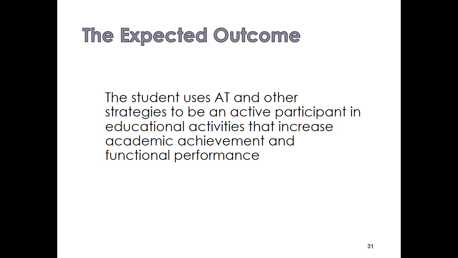We have so many individuals say, well, this kid's doing okay in class, he's getting a C, he struggles because of his disability, but he's passing, he's doing okay. But really, when you think about expected outcomes of assistive technology, that tool should help to get that kid from a C to a B or an A, to increase their academic achievement as well as their functional performance.